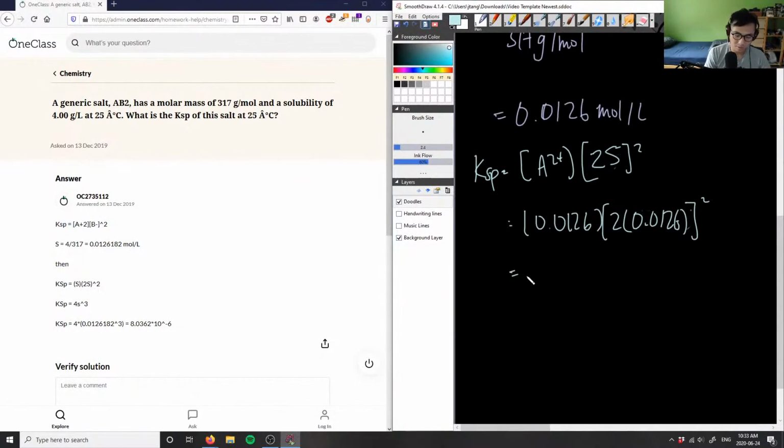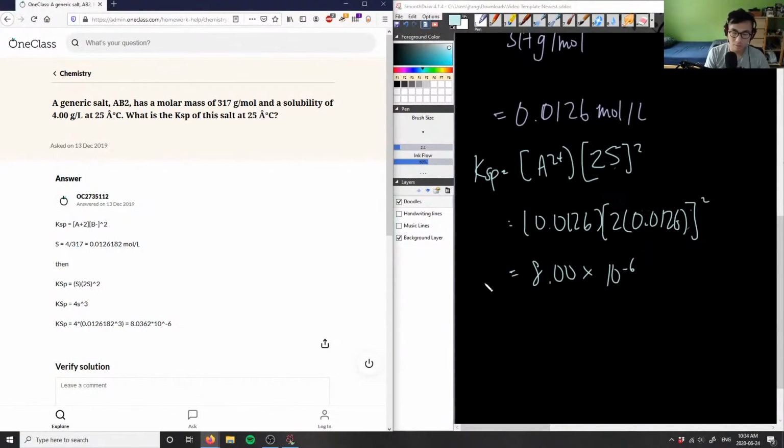I'm going to do 2 times 0.0126, square that, and multiply again by 0.0126, and it gives us a value of 8.00 times 10 to the negative 6. This is a Ksp value, and as you can see, it is very close to the given Ksp value.